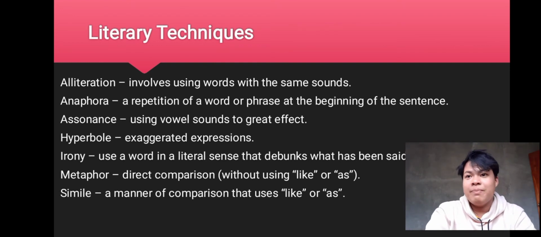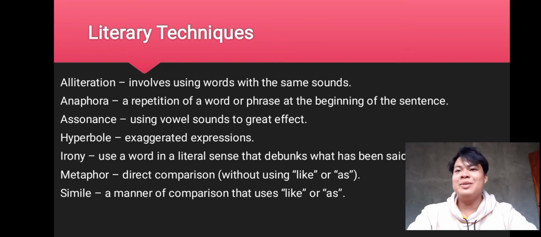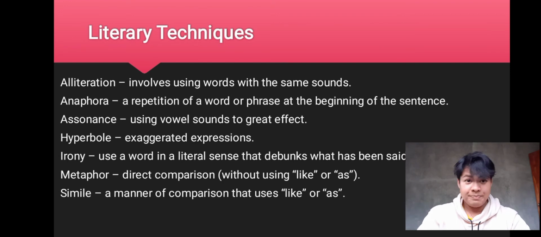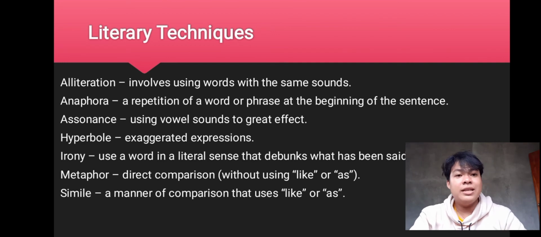So, where did we stop? Irony, sir. Okay, irony. So, let's proceed with irony. Irony is a literary device in which contradictory statements or situations reveal a reality that is different from what appears to be true.